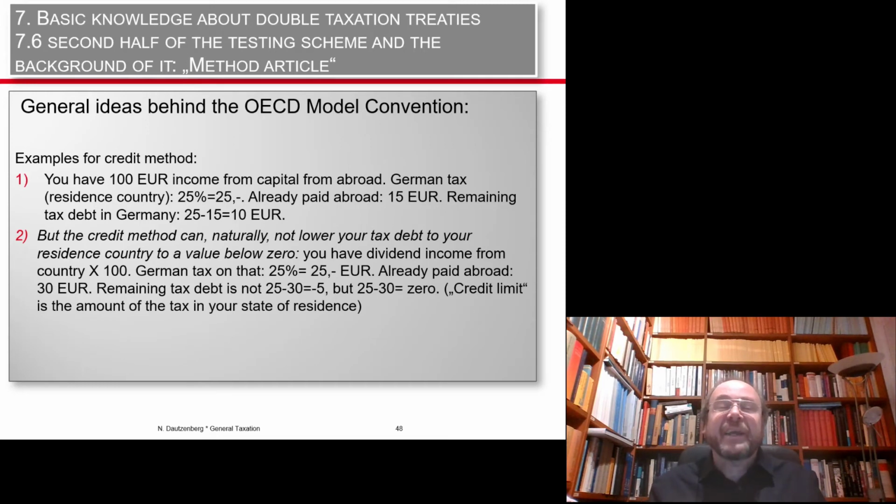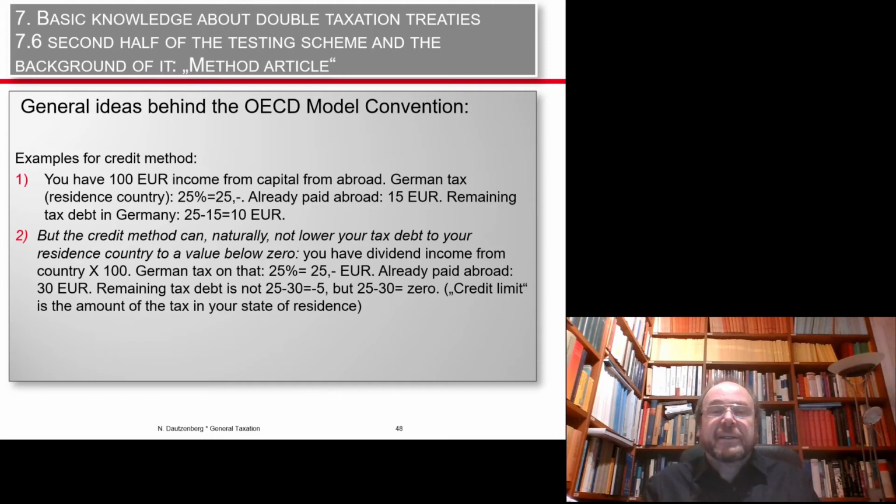No state pays out money which others got, so the credit claim is limited to the inland tax. 25 is your highest credit because it does not go below 0. In that case, the tax official would just say, you owe me 25, you already paid 30 abroad, okay, forget about that, that's a 0 case. I reduce that 25 by the German 25 to 0, not by more, because we don't end up with negative figures here.